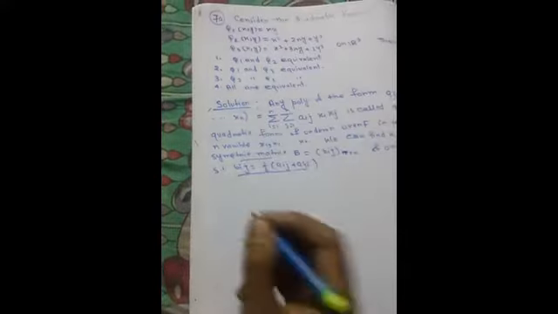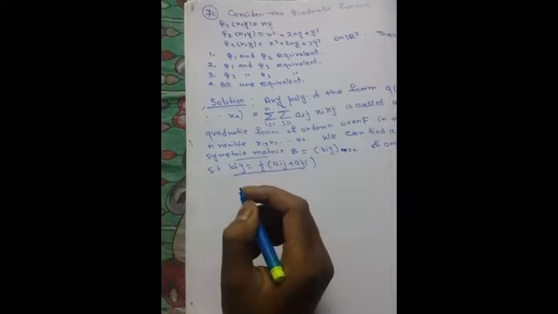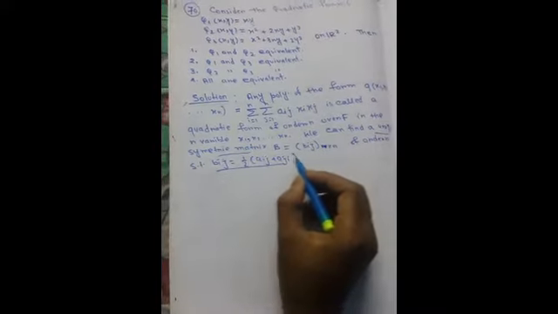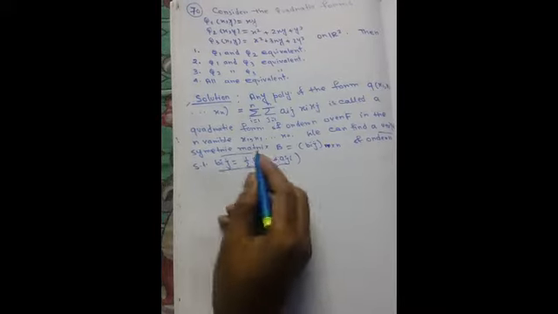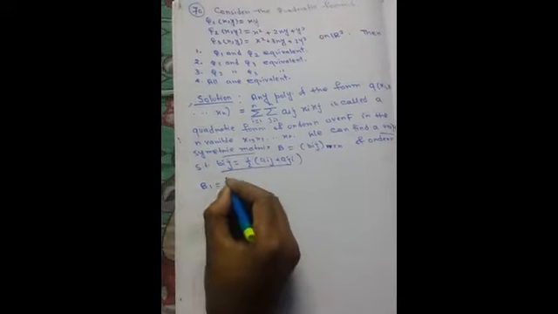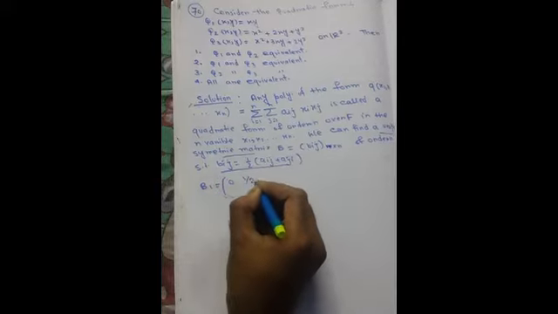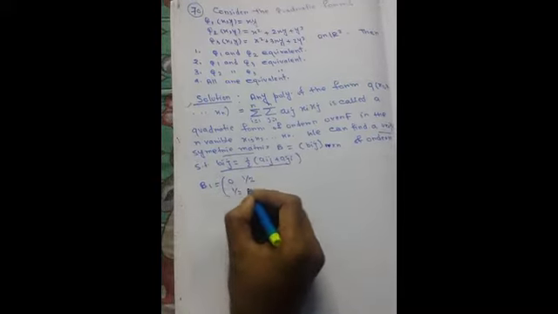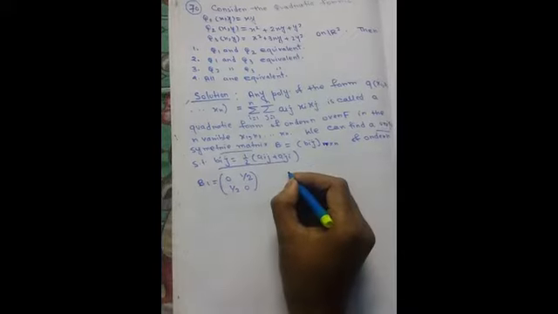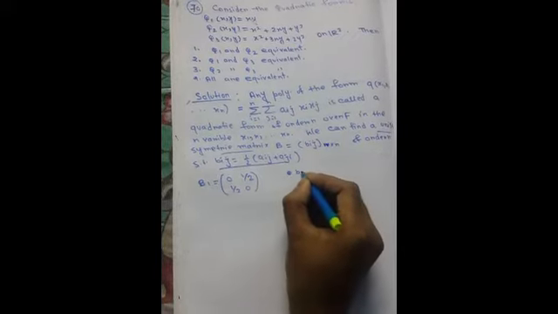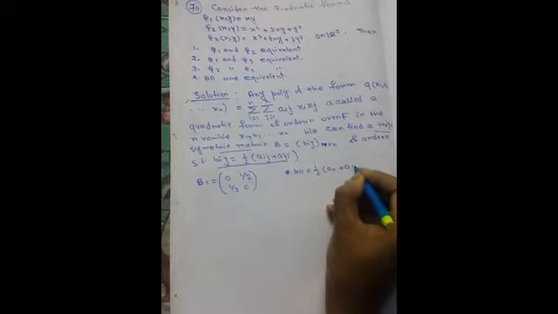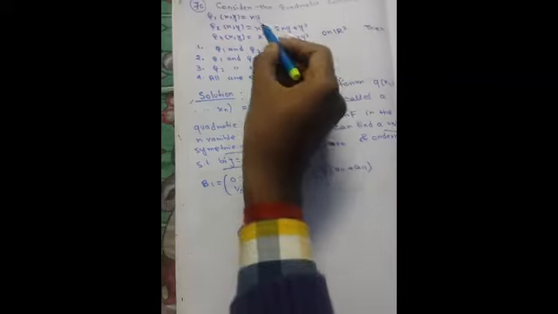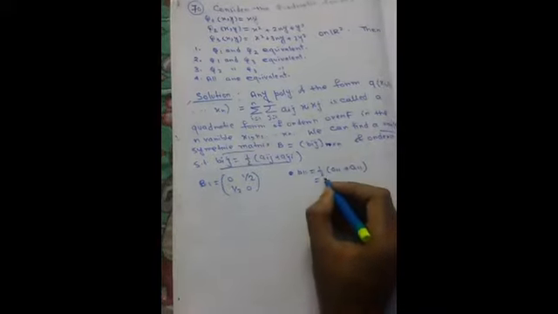So here given that q1(x,y) is equal to xy. First we apply this formula. Then we get the symmetric matrix B1 equal to [0, half; half, 0]. Since b11 is equal to half of (a11 plus a11), here the coefficient of a11 is the coefficient of x square, so this is 0.